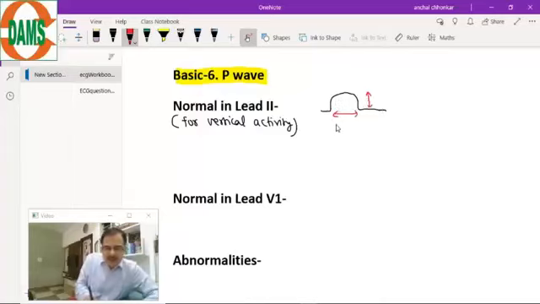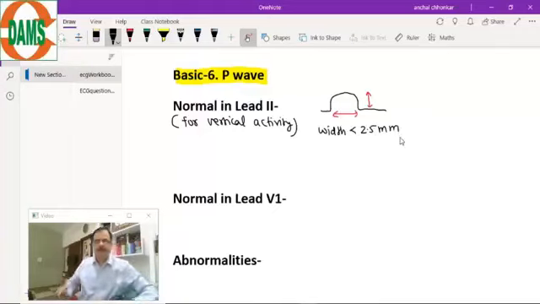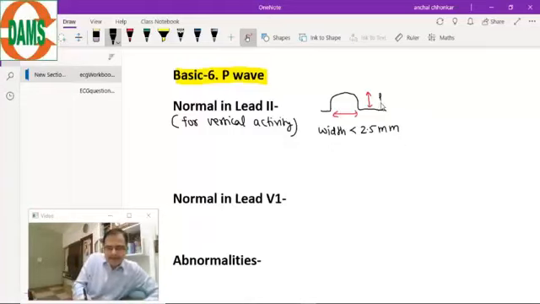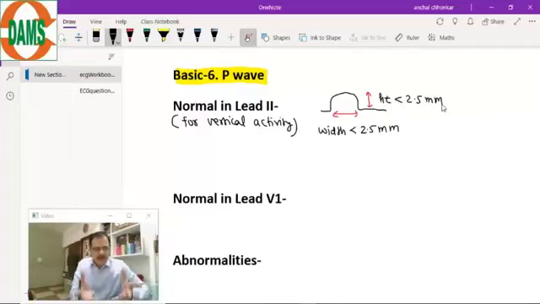Here are the dimensions. The width is less than 2.5 millimeters. Height is less than 2.5 mm. I am taking the unit as the same just so that you can remember these facts easily.